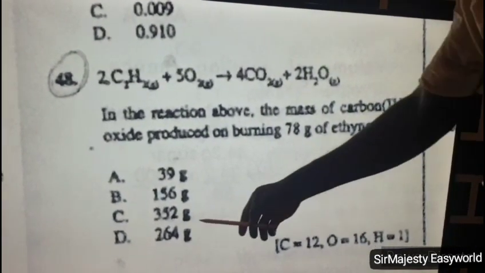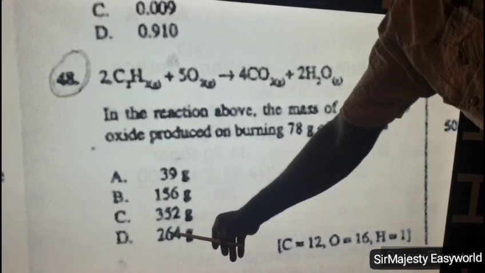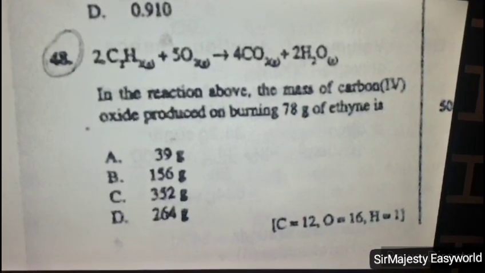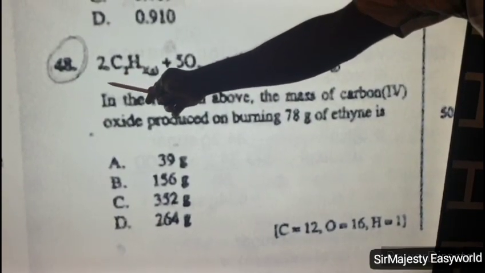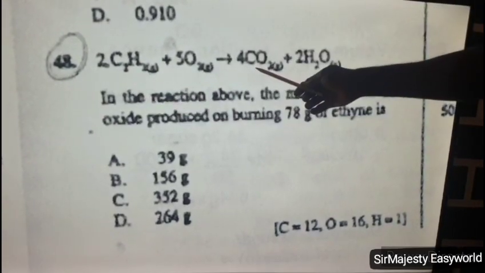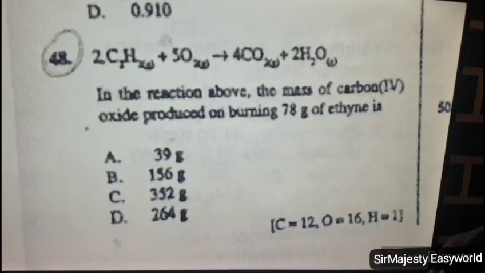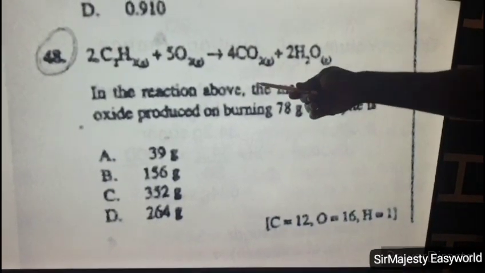Even without wasting time, I'm looking at it that it's going to be something close to 264. So you watch it well.